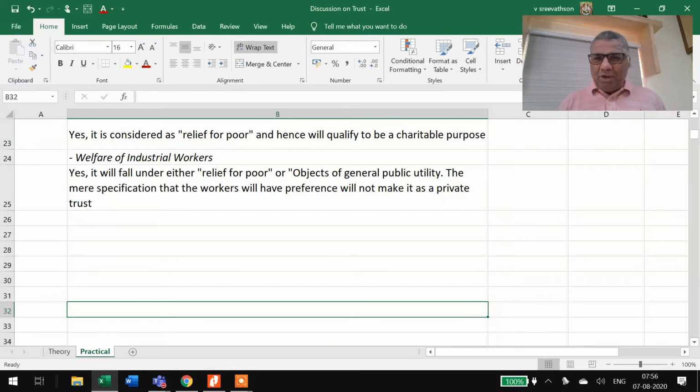There are two sets of people. Maybe one or two of you have been seeing trusts right from articleship year 1 to year 3. You are very comfortable or very sure about the provisions, because your firm has a lot of trust audits.